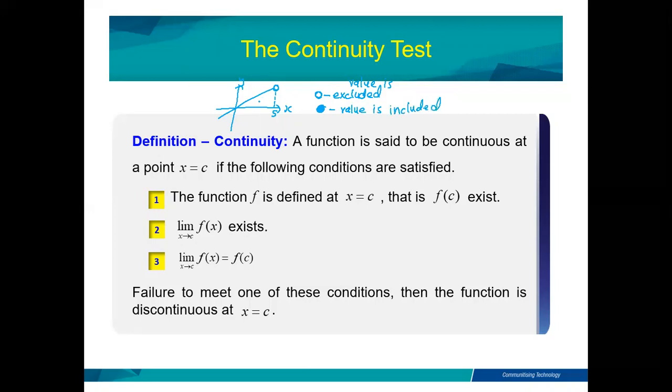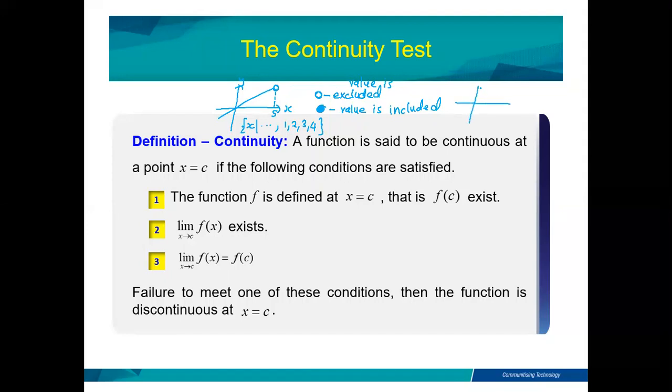So what does this mean? This means x is from negative infinity to 1, 2, 3, 4 only. You have to understand. So it means here f(c) does not exist.